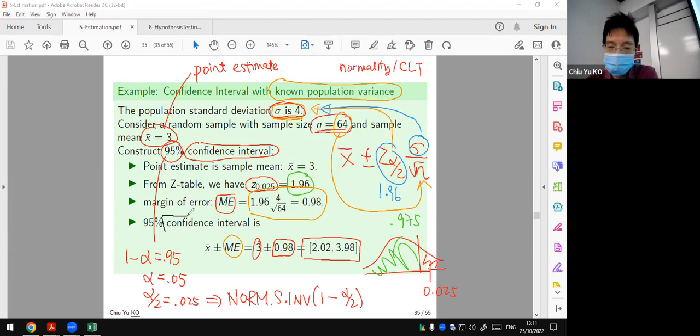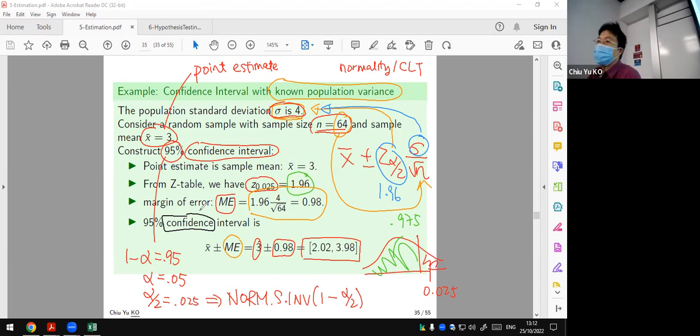Do note there is some terminology we have to emphasize: why we call it confidence and why we don't say probability. Why do we suddenly change the term? The reason is that once you figure out the interval and have the numbers, you cannot call it probability, because either the interval contains the mean or it doesn't.